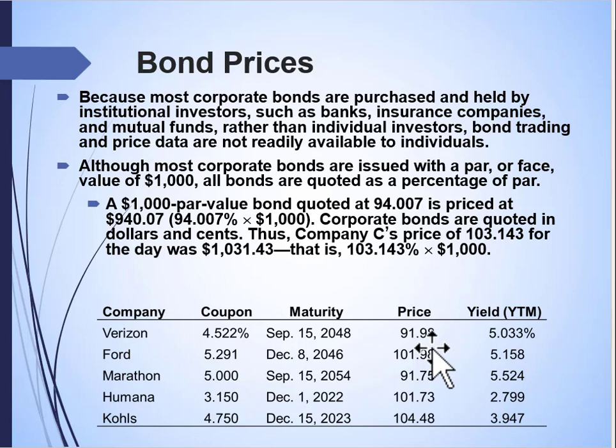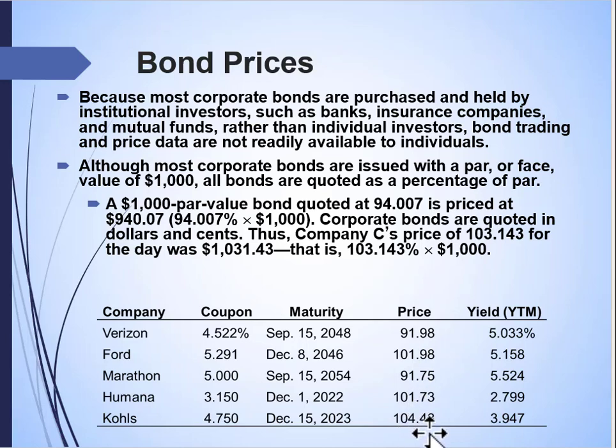This is a percentage of par. So the trick to this is, if you move the decimal place one place to the right, you have the actual price. $919.80 is what this bond sells for.